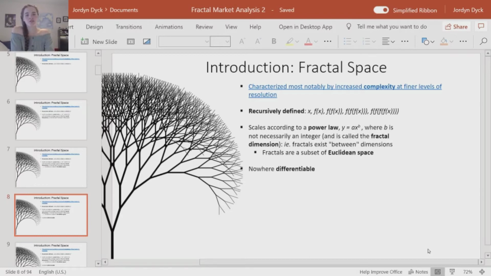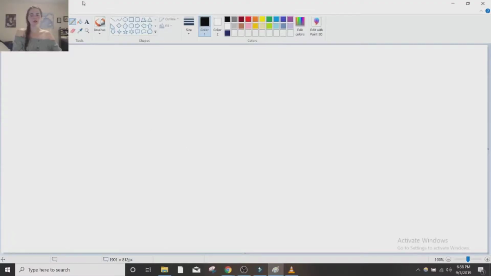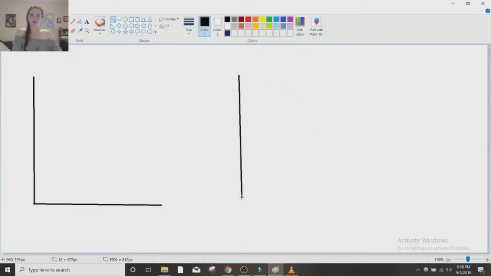The other thing about fractals is that they're nowhere differentiable. If you've taken calculus, you'll know what this means. But just in case you haven't, I'll try and give an idea of differentiability now. So I will just draw 2 graphs, and label the axes like a good girl.